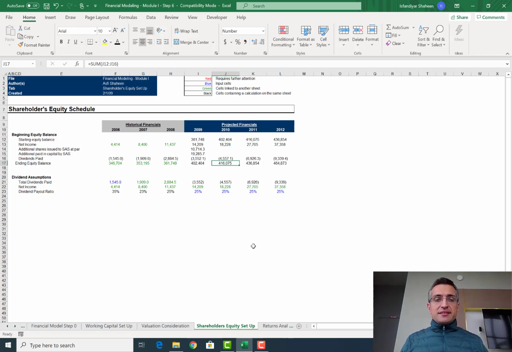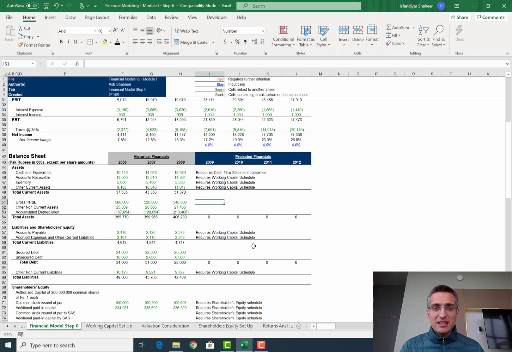Now that I have these schedules set up, I've got all of the schedules that I need to actually populate my income statement and balance sheet and get my balance sheet to balance. So this is going to be the last and final step before we get to a balanced model.